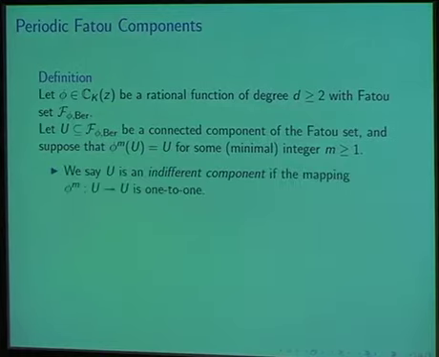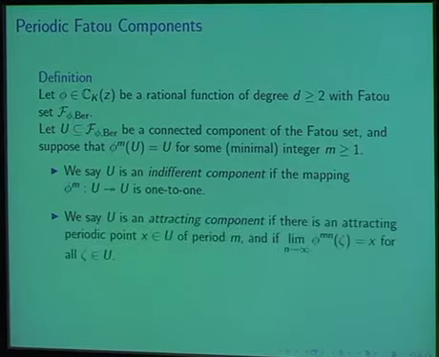There are a couple of things that might happen. Let's call it an indifferent component if phi to the m maps U onto U, by the previous slide. If it maps it into U, then it maps it onto U. So let's suppose it actually maps it 1 to 1, the smallest possible degree that it can. In that case, we're just going to call that an indifferent component.